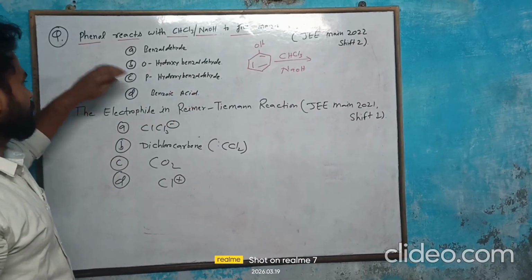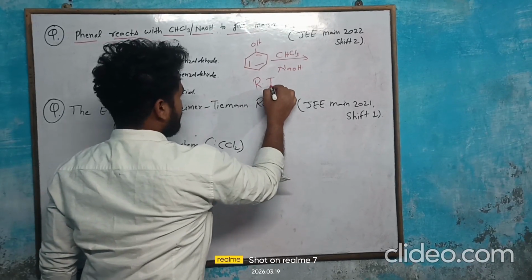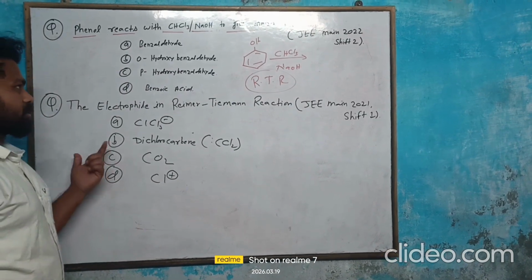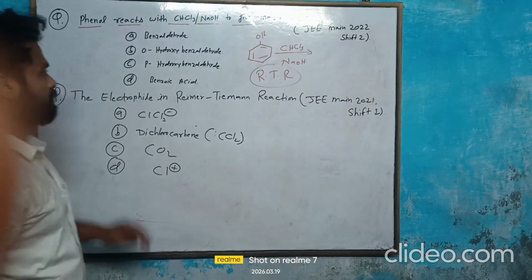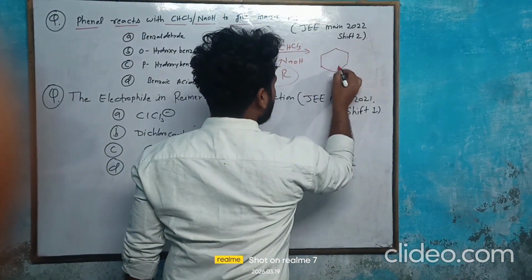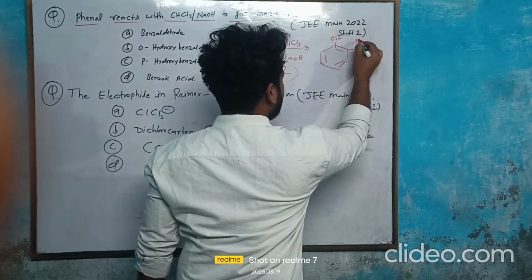From the question it is very clear that this is asked from the Riemann-Tiemann reaction. What was the product? The product was salicylaldehyde, and this is salicylaldehyde.